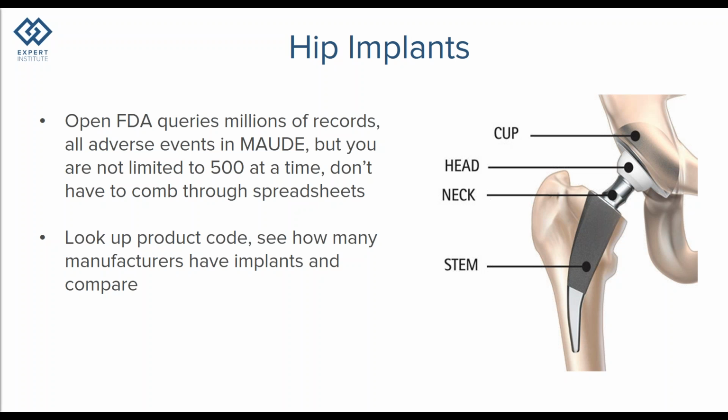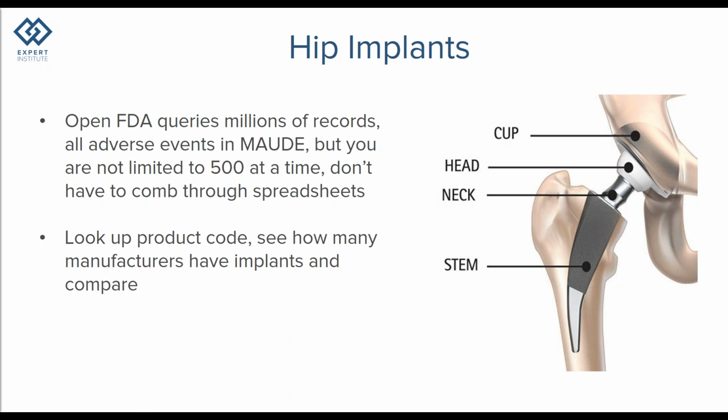FDA has this database that's called MAUDE, and it's been around for a really long time, and it contains all the adverse event reports. But MAUDE has a limitation because it's on some pretty old computer systems. It will only return 500 records at a time. And I used to think that was fine because I've worked on some cases where the products were problematic, or they were interested in finding out if the problem had occurred, but there weren't so many entries in the adverse event database.